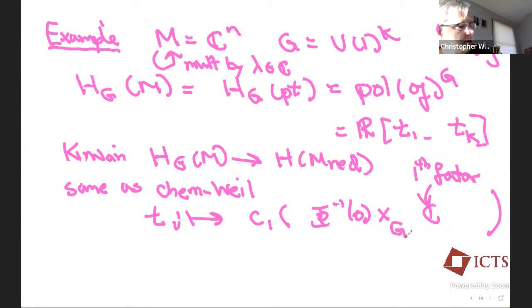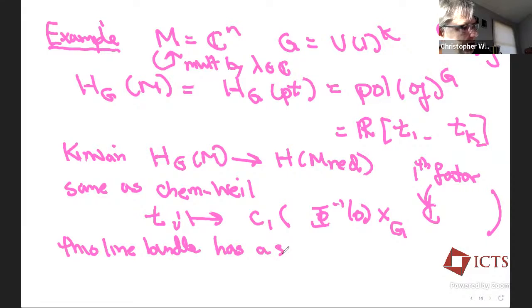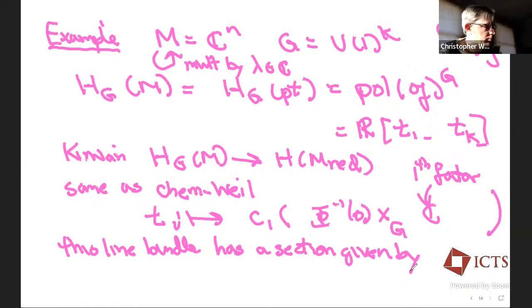And so what is this? Well, this line bundle has a section which is given by, slightly confused now.